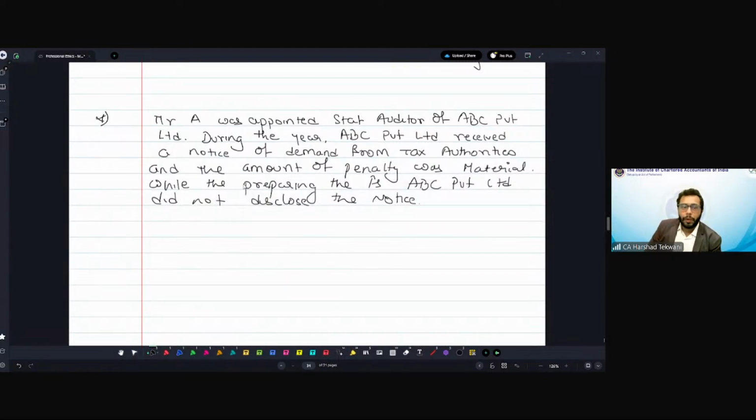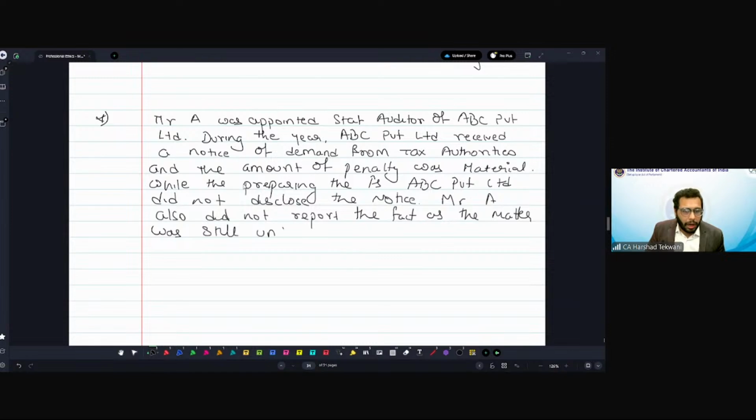Mr. A also did not report the fact, as the matter was still under dispute. You tell me whether clause 5 will get attracted or not.